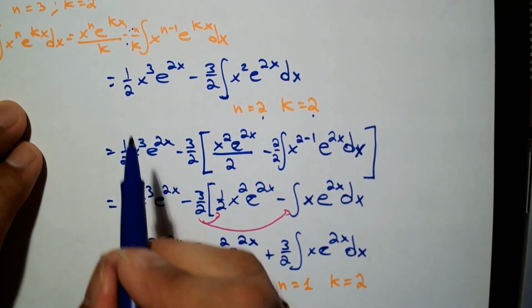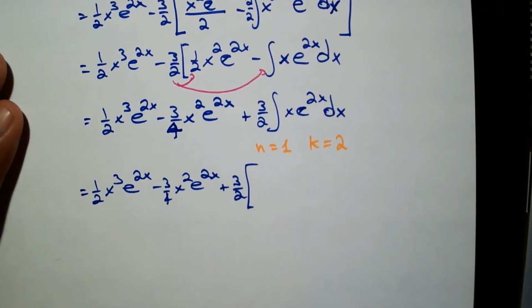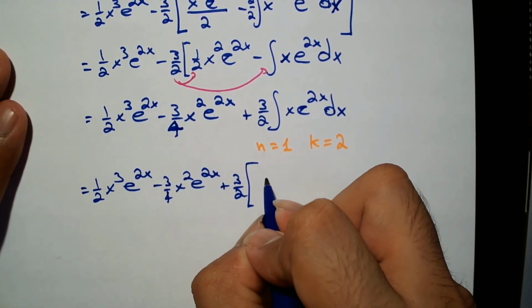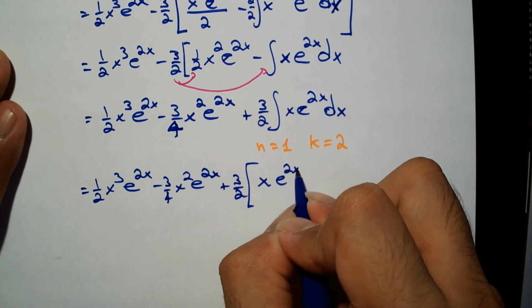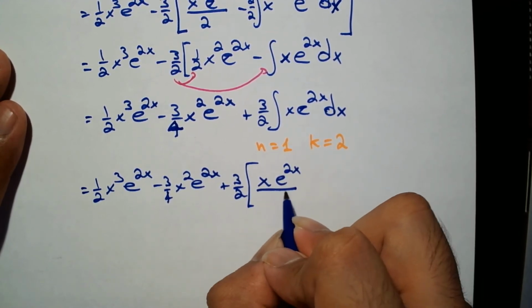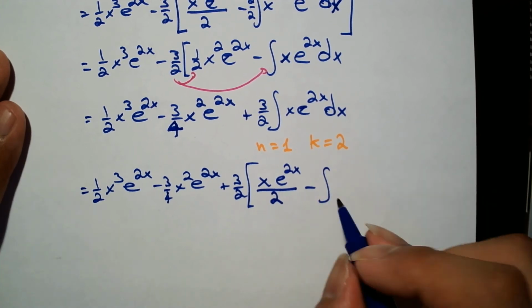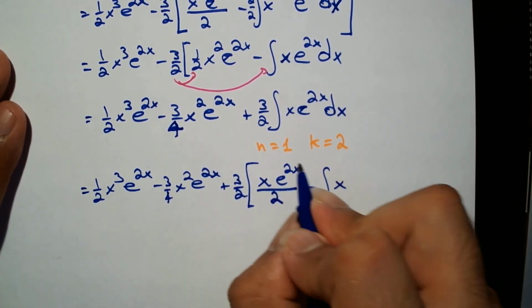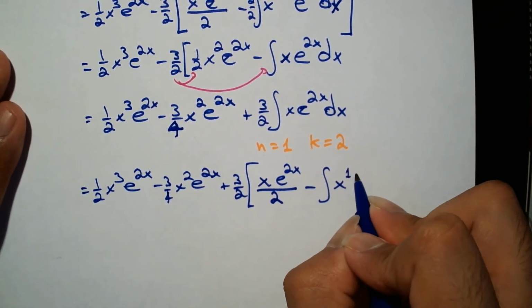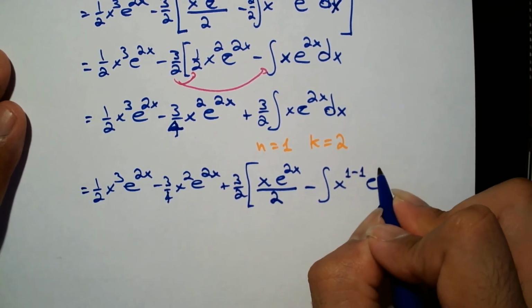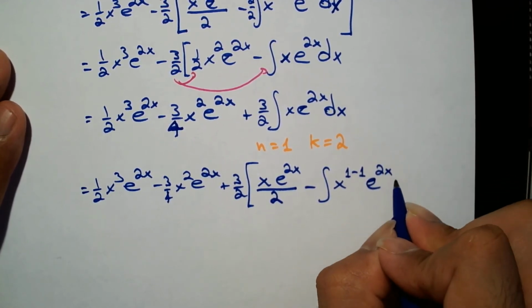So x to the n e to the kx, in this case, is x to the 1 e to the 2x over k, which is 2, minus the integral of x to the n, which is 1 minus 1, e to the 2x.